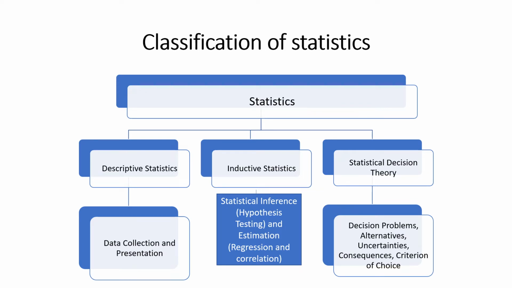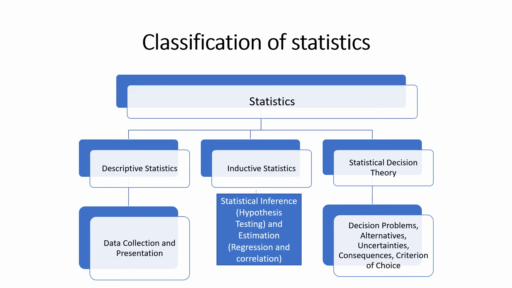It includes methods of collection, methods of tabulation, measures of central tendency, measures of dispersion, analysis of time series, measures of skewness. These methods help in summarizing and interpreting the salient features of data.